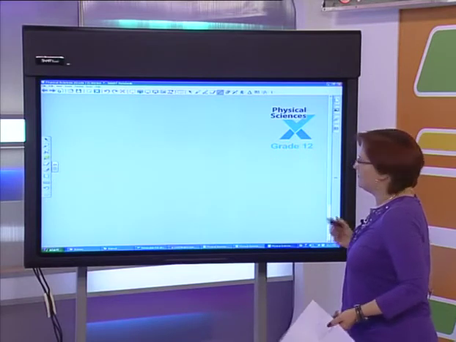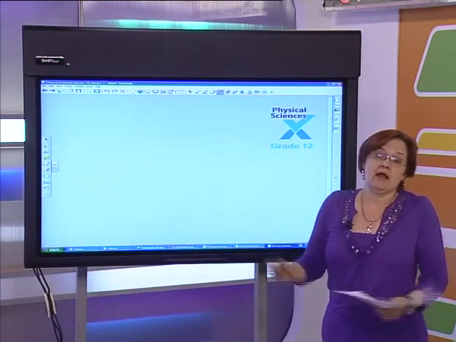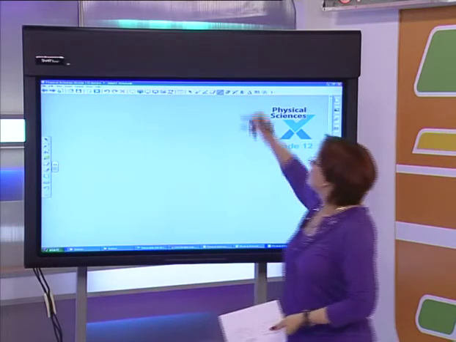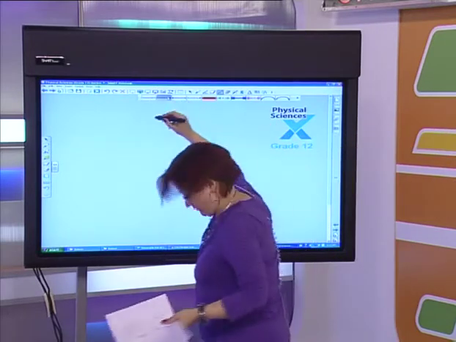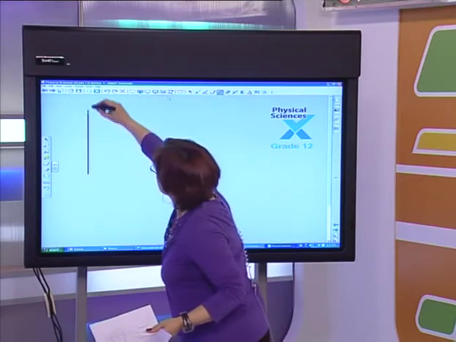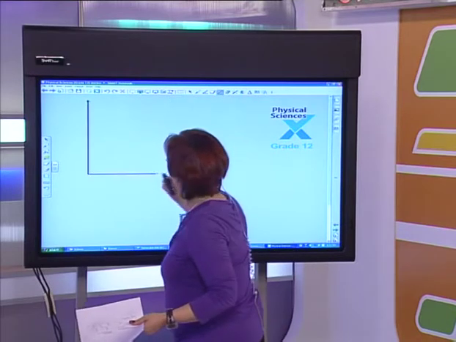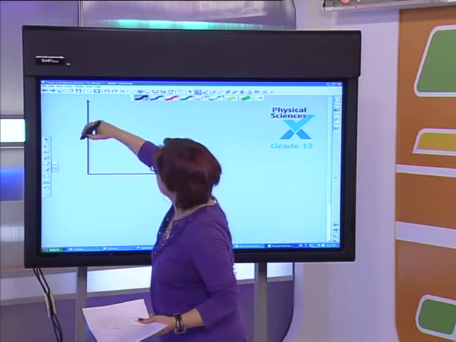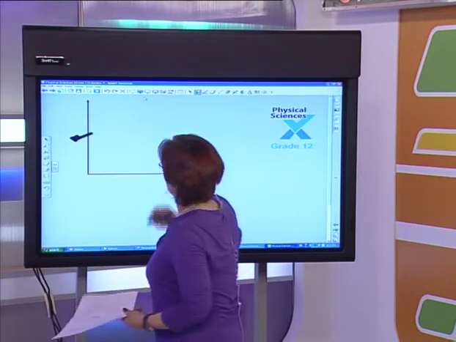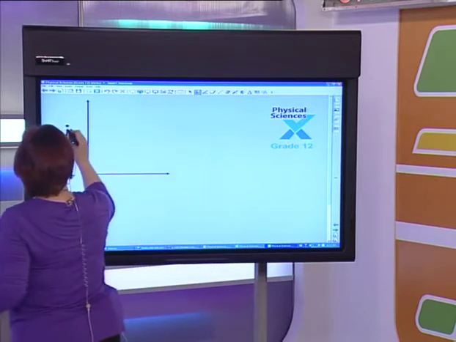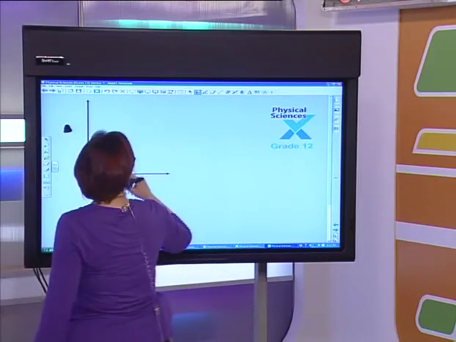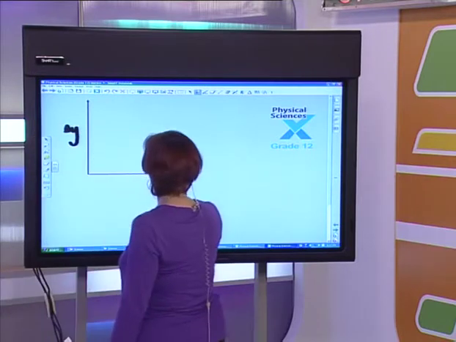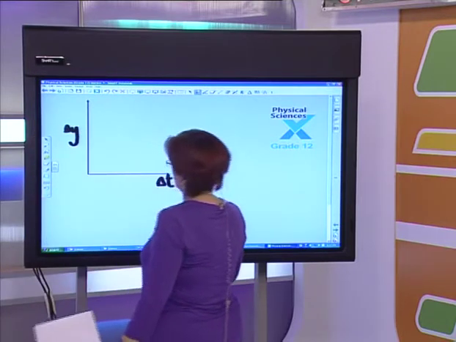What happens if, for example, it is a graph where I'm telling you I'm dropping a stone? So we're gonna have our axis like we would have normally. There's our two axes, and this one is my displacement, let's just make that y, and that's time.